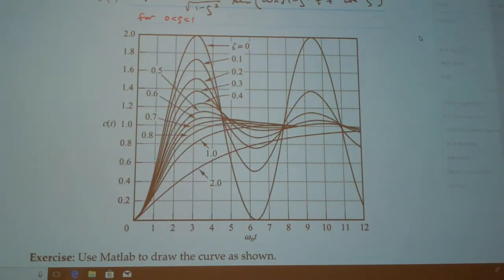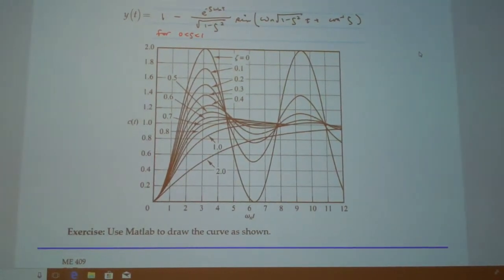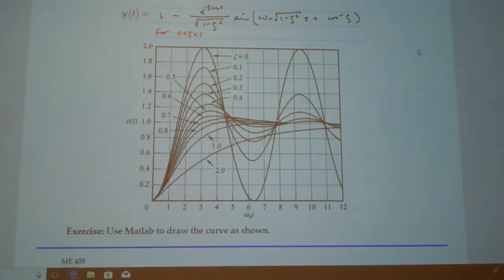So last time, Monday, we went through the basic introductions of these second order systems. From the handout I gave to you last time, you can take that handout with you. That is the formulation for this.